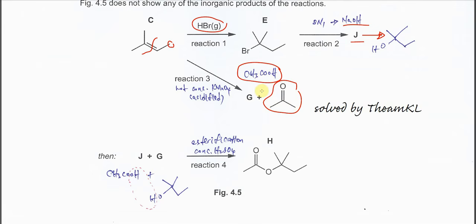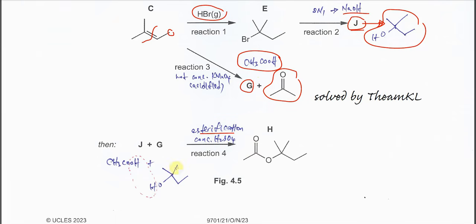So now we have carboxylic acid, right? And the alcohol. And we can let this G and J react. And this reaction, of course, is the esterification. Means to form ester. Esterification needs to use concentrated H2SO4. And this is how it reacts. Means this is a condensation reaction.